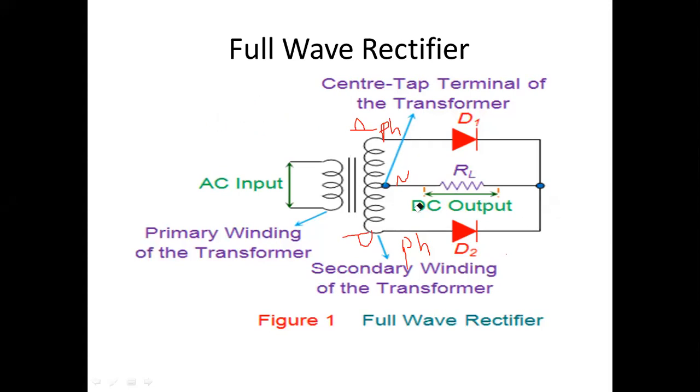And next, what will happen? For the first phase or both the phases, one diode conducts here now, diode D1 and diode D2. At the neutral point, the center terminal of the transformer, this is what we call the center tap transformer. At the center terminal of the transformer, the load resistance is connected here now.